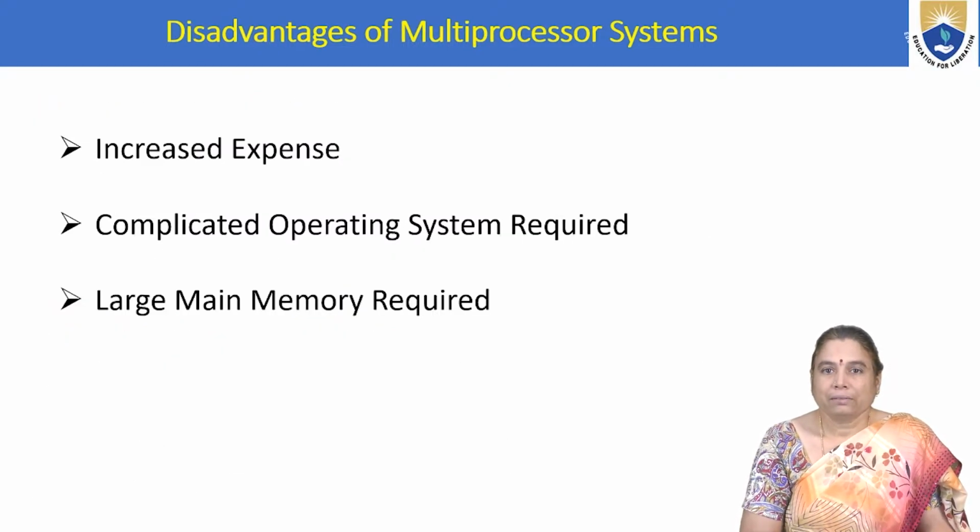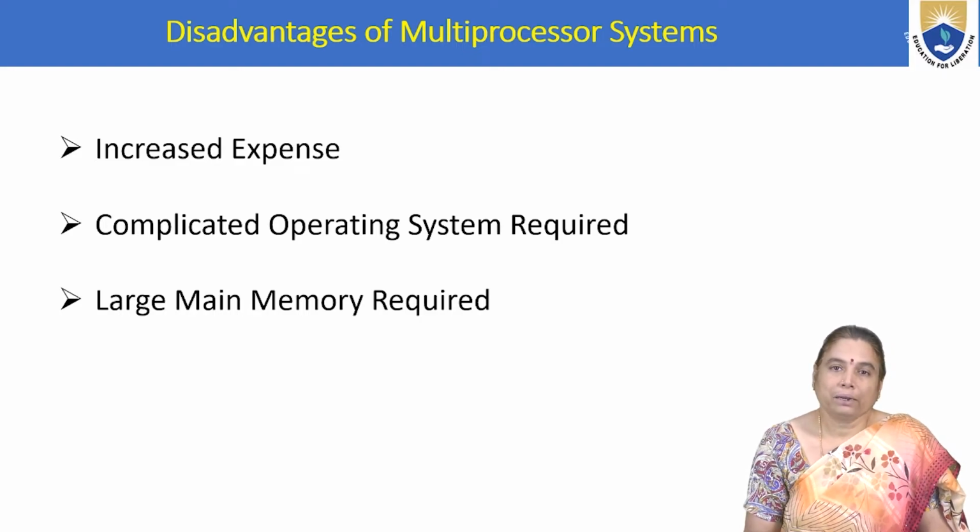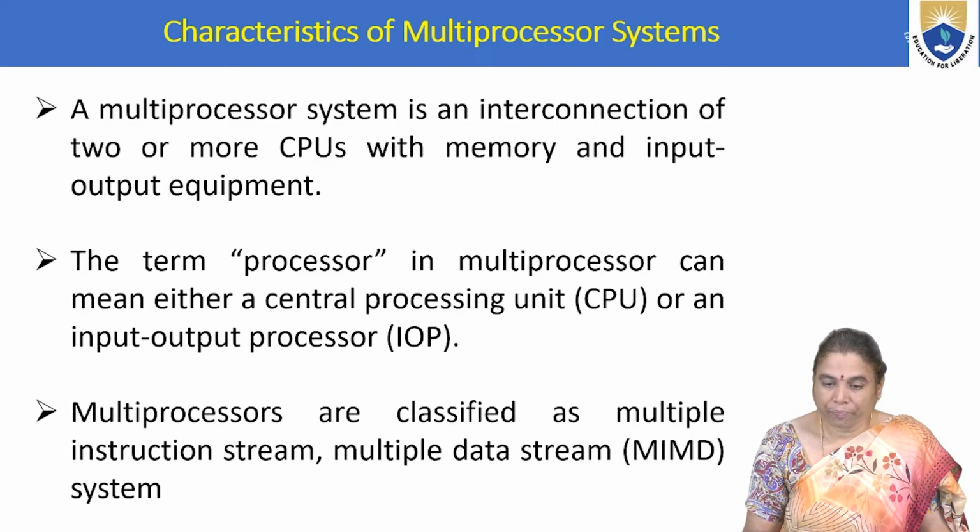The disadvantages are: special care is required for the arbitration process and communication, a dedicated operating system is needed to control and monitor the multiple processes, and large main memory is required to accommodate each processor's task. So these are the disadvantages of multiprocessor systems.